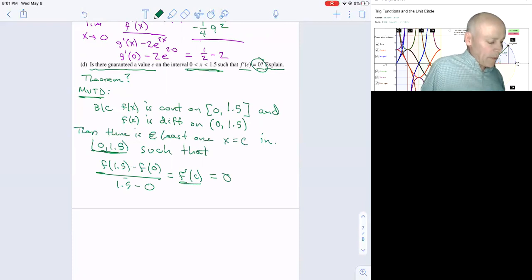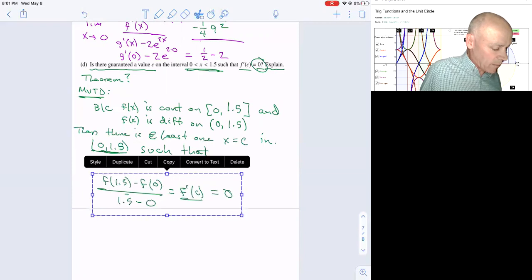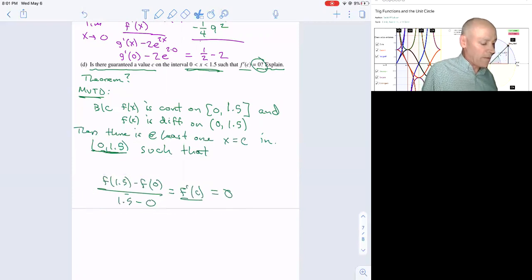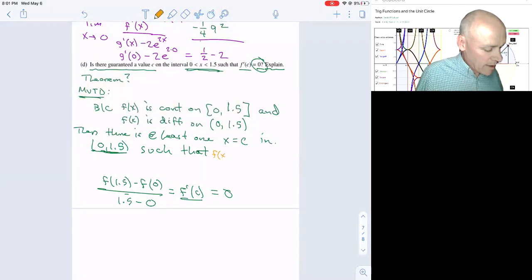So I can't stop there. I've got to find my values on my function notation. What's f at 1.5? What's f of x? f of x is equal to the square root of 10 minus g at x.